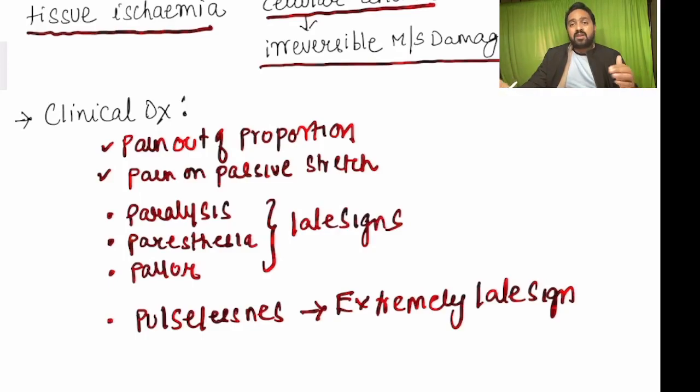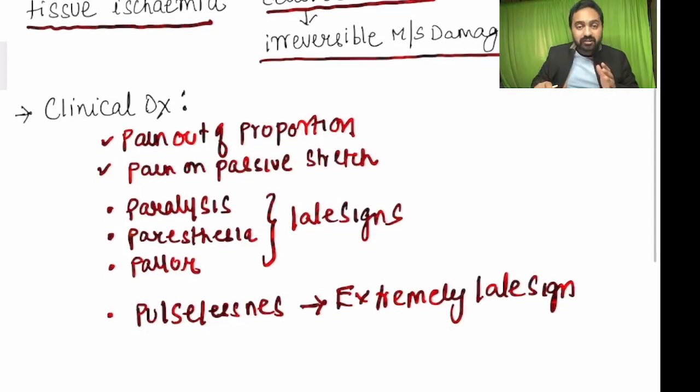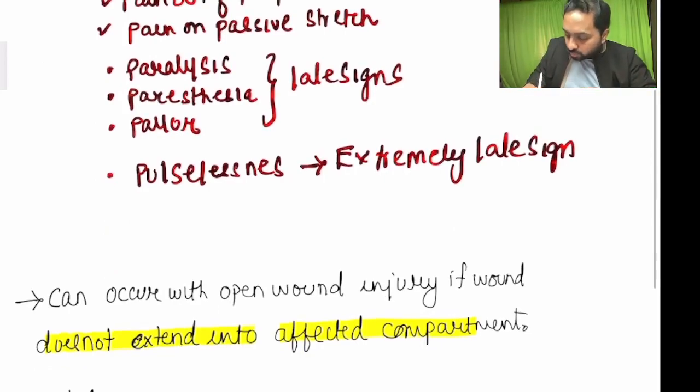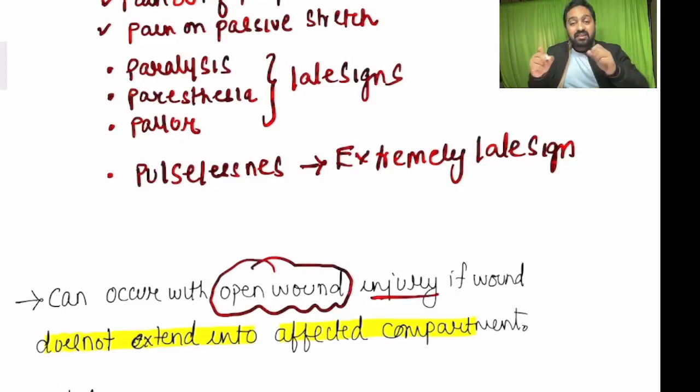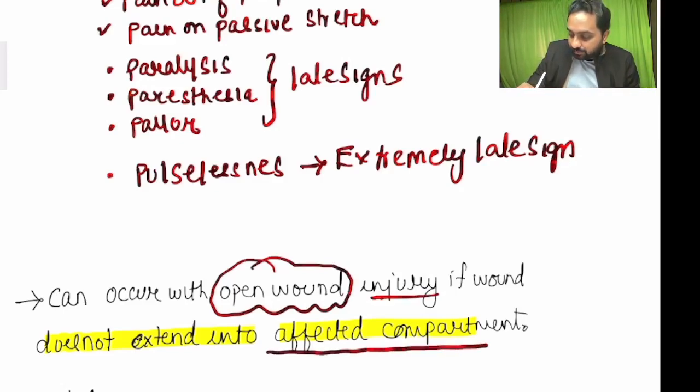Now there's one important thing to keep in mind: compartment syndrome is not only associated with closed fractures and closed wounds. Please remember that it can also occur with an open wound injury, if the wound does not extend into the affected compartment.